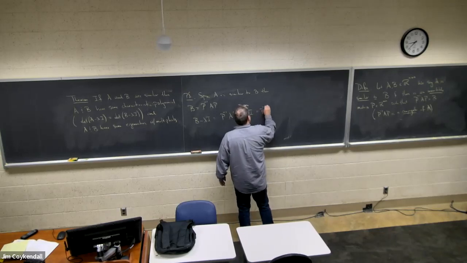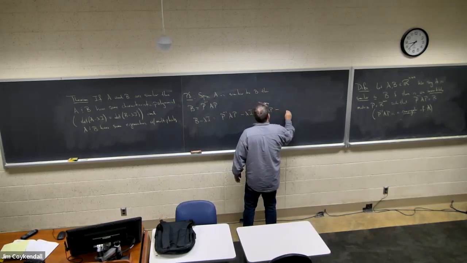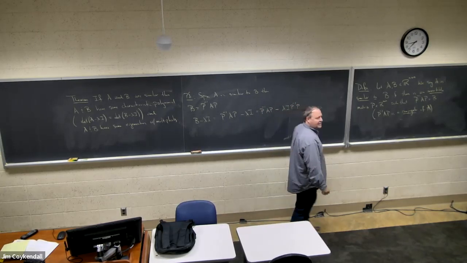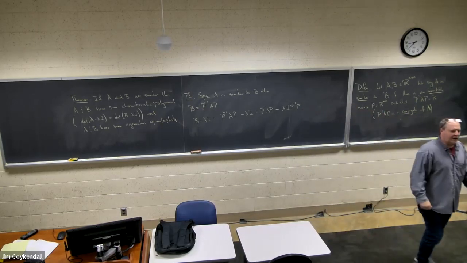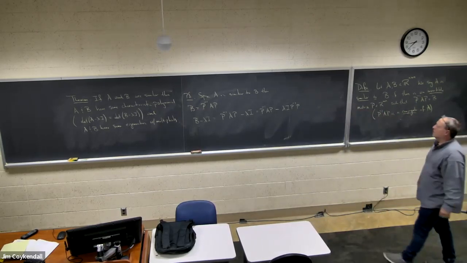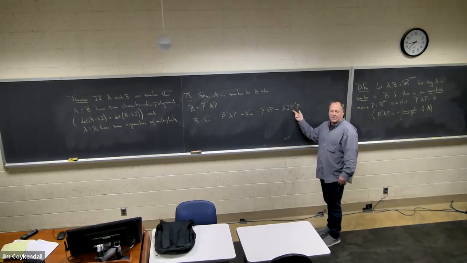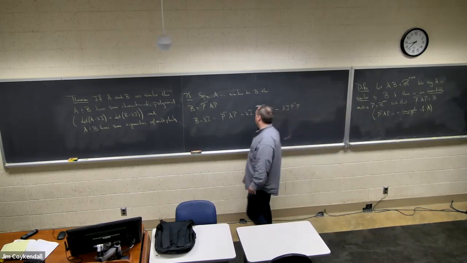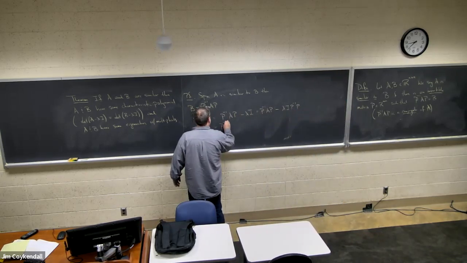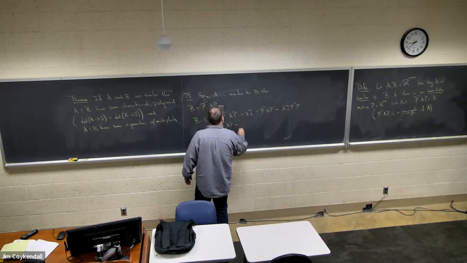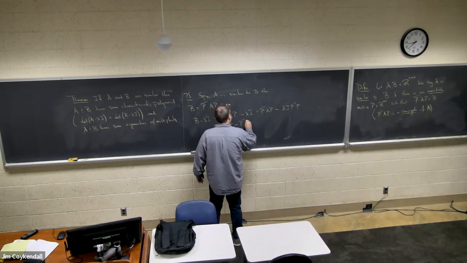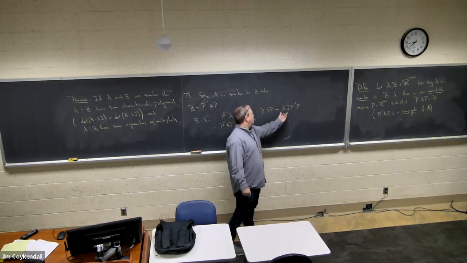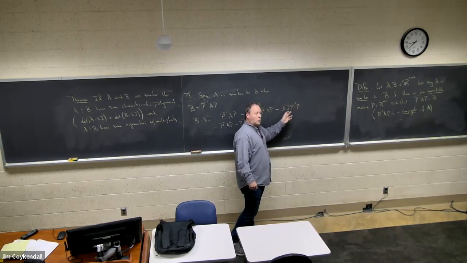This is P inverse A P minus lambda I P inverse P. Right, the only thing I did in that last step was put in an extra P inverse P, which is sort of nothing. And this is P inverse A P minus P inverse lambda I P, because you can put the identity and constants wherever you want, you can move them around.